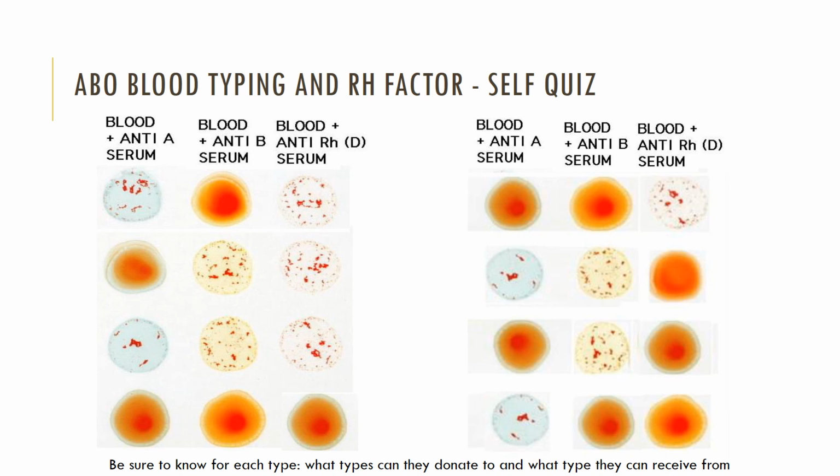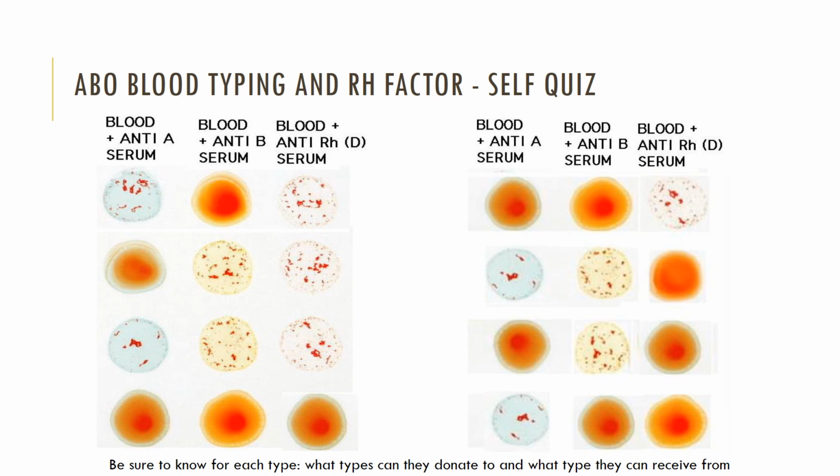In this first slide, in the top left-hand side of the figure, you see an agglutination reaction in the anti-A well and in the anti-D well. That means this person is A positive.